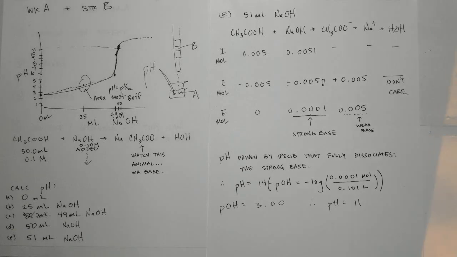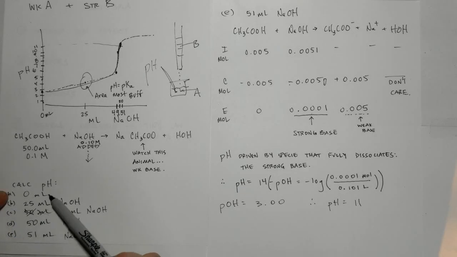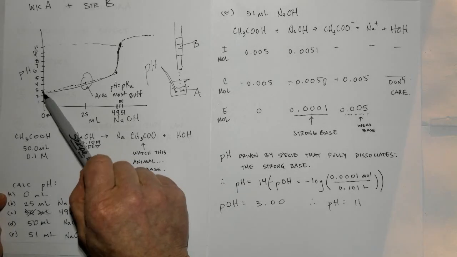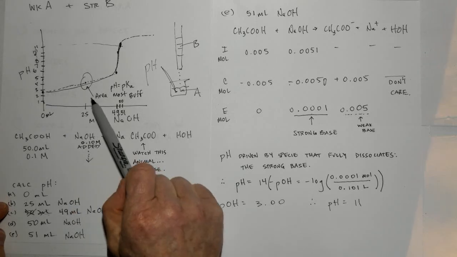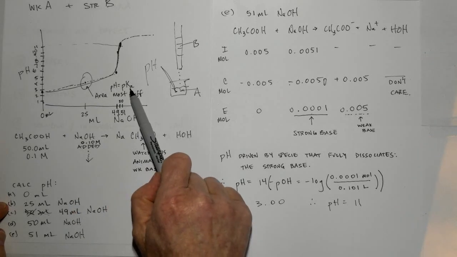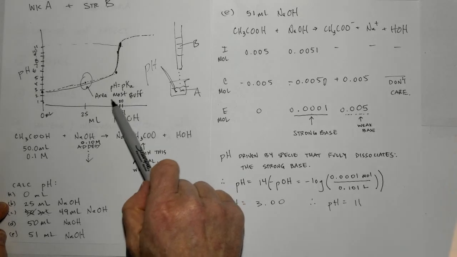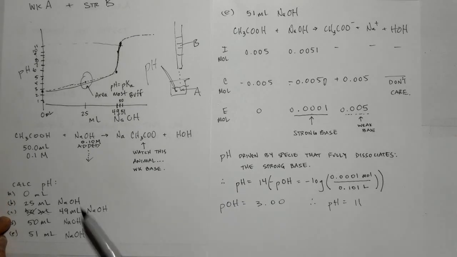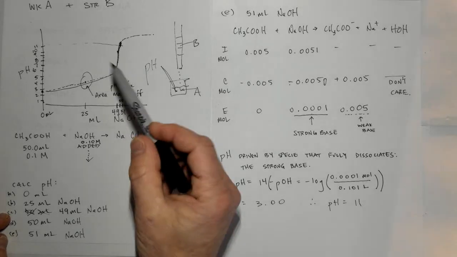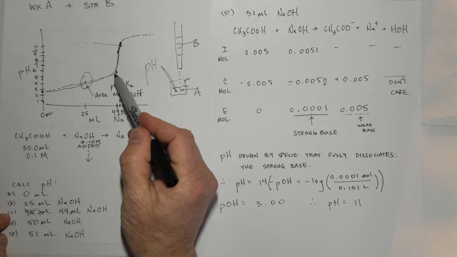So what did we learn from this super long example problem? Let's look back at it. First of all, we learned that at 0 milliliters, we're at a low pH, and it's driven by the weak acid. At 25, we have a special point where the pH is equal to the pKa, halfway to the equivalence point, area of most buffering. At almost the equivalence point, notice our pH hasn't gone up a lot, but we're ready to make a big jump.